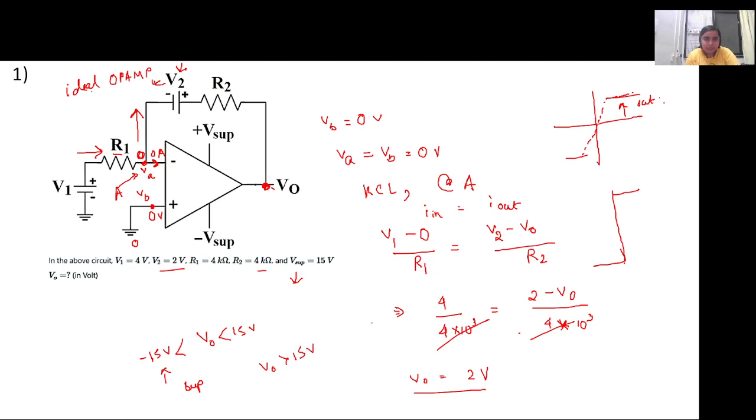Please remember that. The reason why this supply voltage is given is just to check this condition, whether we should write the answer as 2 volt or something else.